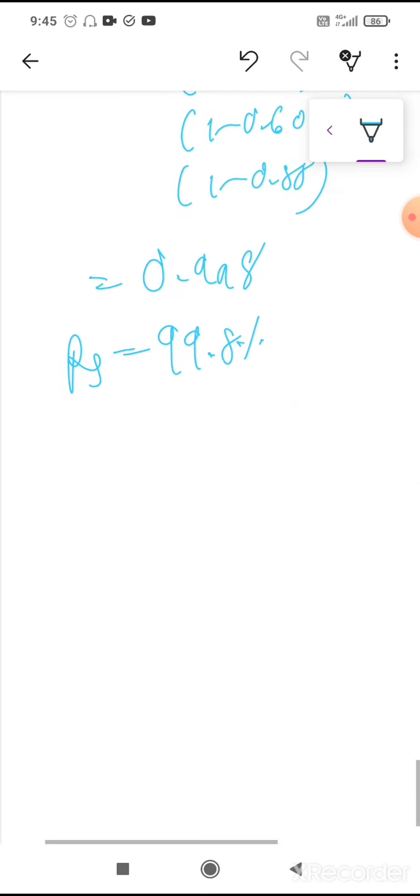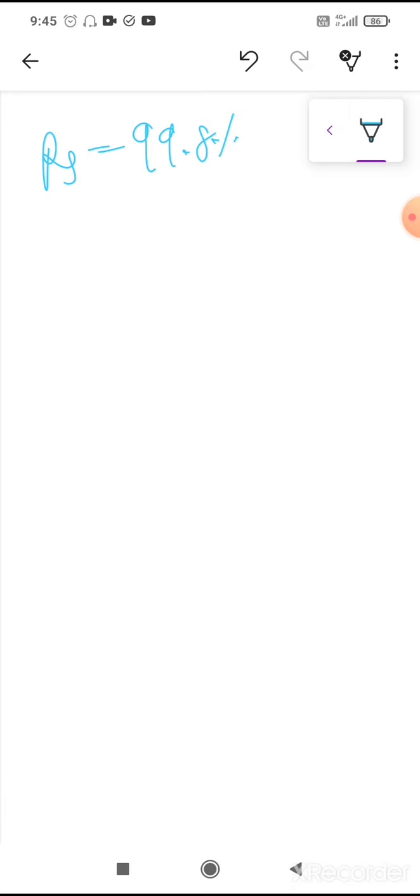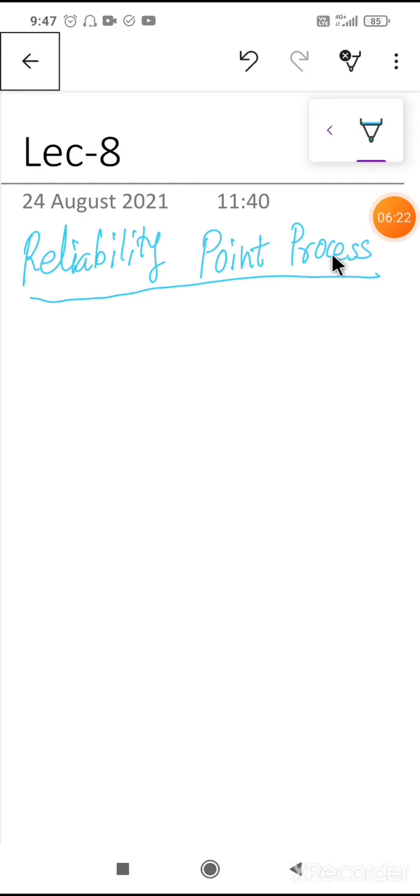So now let's see another topic, that is reliability point process. The point process model is developed to assess the reliability of new designs which are variants of an existing product.